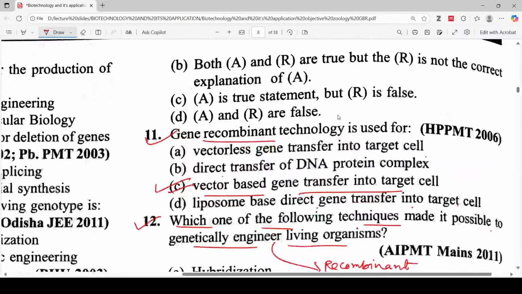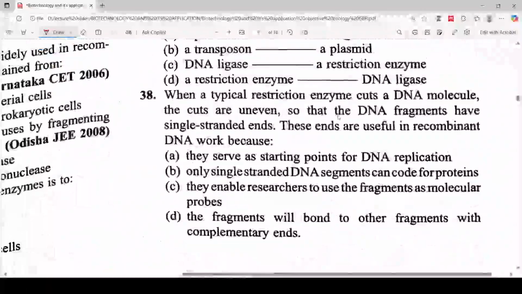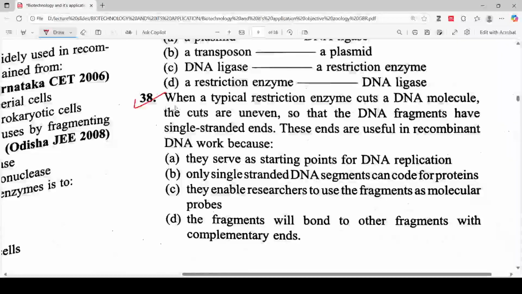Next question. When a typical restriction enzyme cuts a DNA molecule, the cuts are uneven so that the DNA fragments have single-stranded ends. These ends are useful in recombinant DNA work because they serve as option A, starting points for DNA replication. No, this is not correct.